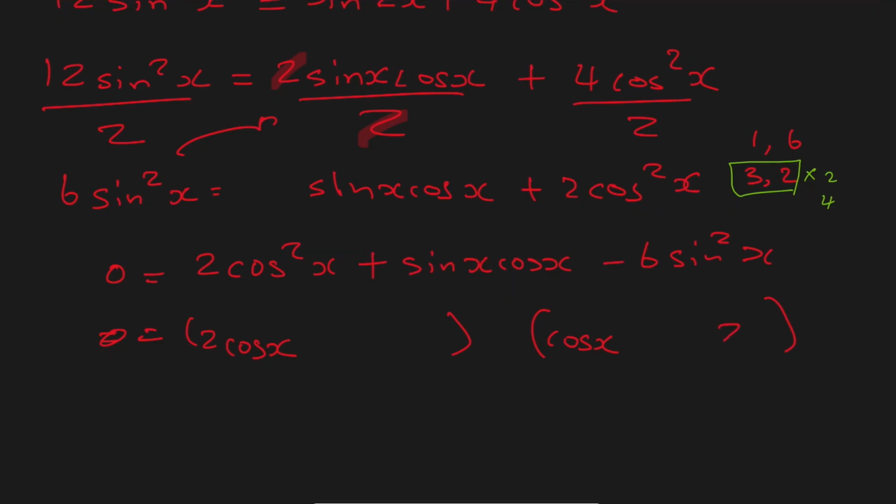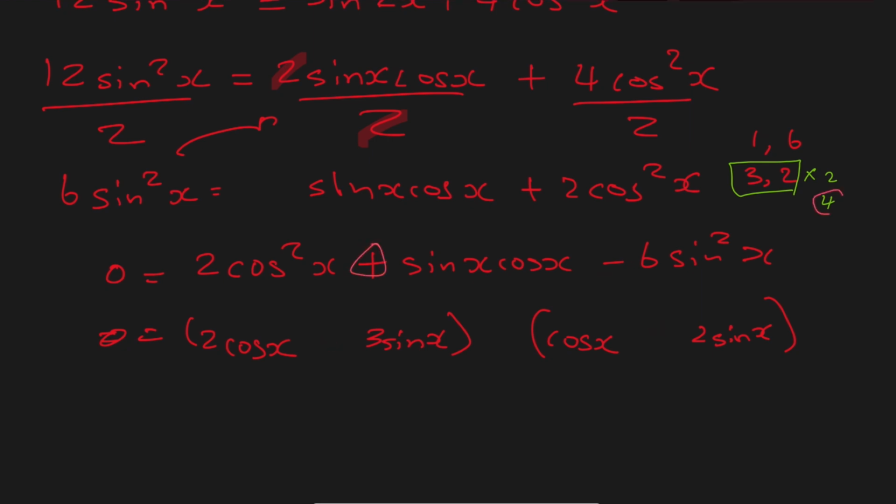So we're going to have 2 here and 3 here. But don't forget, you don't have to write 2 and 3, because this must give you 6 sine squared. So you must write it as 2 sine x here, and 3 sine x there. And then you say, okay, the sign that I have here is negative. That means our signs are going to be different, but the bigger number will take the sign of the middle term.